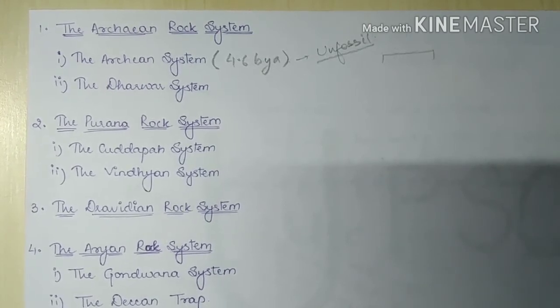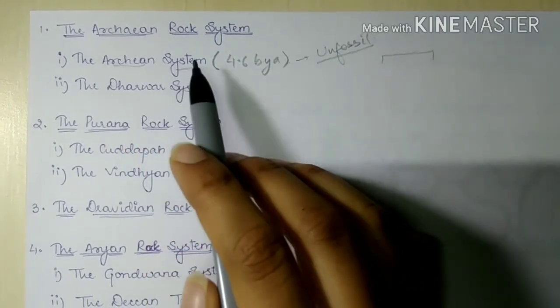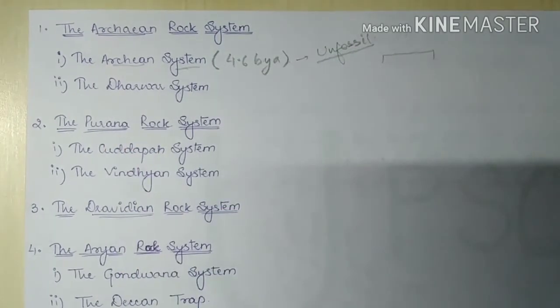This Archean system of rocks is mainly found in the states of Karnataka, Tamil Nadu, Madhya Pradesh, Jharkhand, Chhattisgarh, Andhra Pradesh, and Bihar. They are a repository of mineral wealth, and are basically rich in ferrous and non-ferrous minerals.